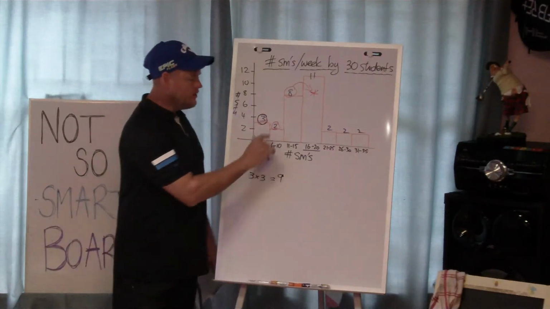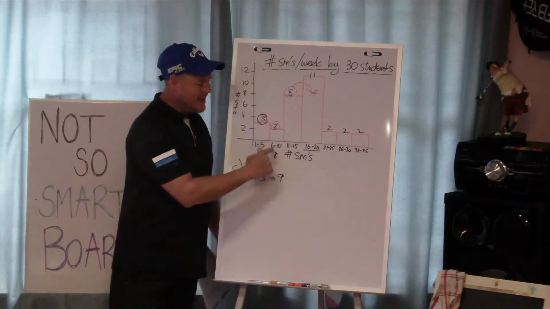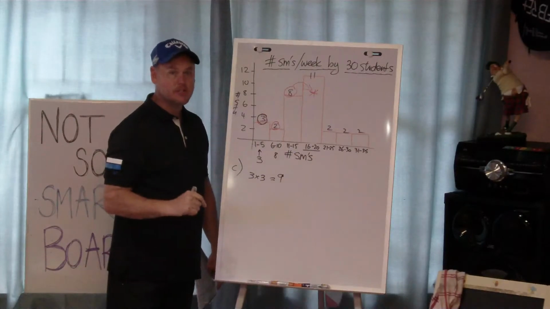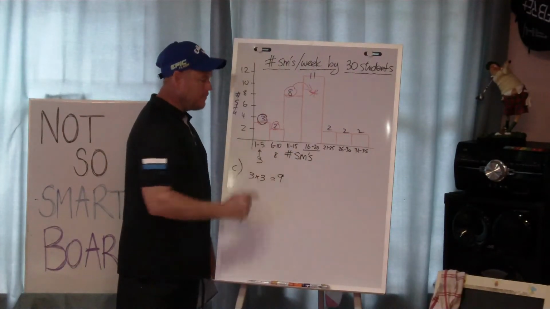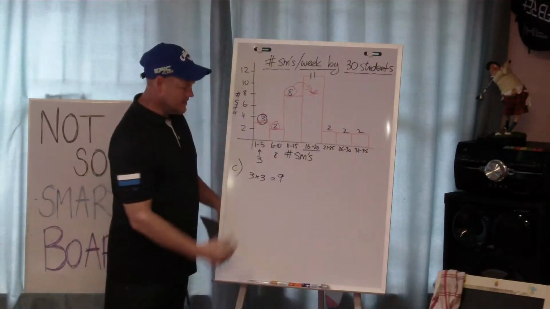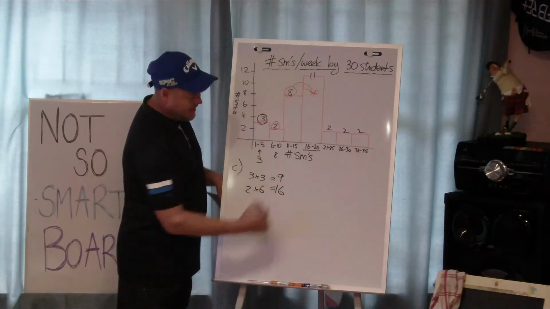These 2 people, I'm going to assume that they sent 8 SMSs each, halfway between 6 and 10. So 2 times 8 makes 16 SMSs.